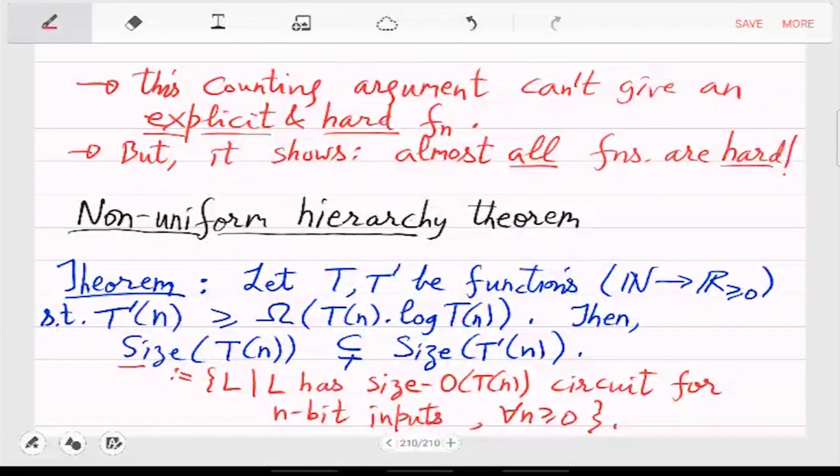That's the definition of size T(n). So size T is a complexity class modeled using circuits. These are decision problems which have a size T(n) Boolean circuit on n bit inputs. So this circuit family is there.